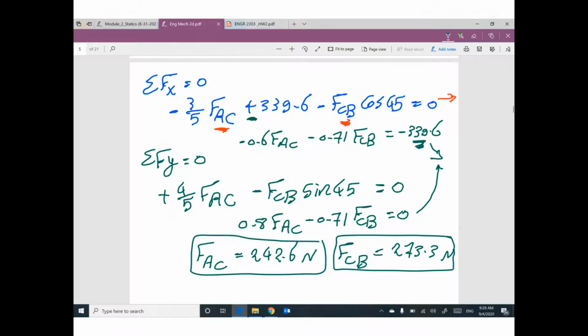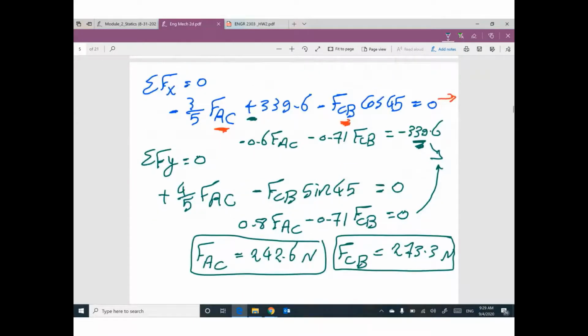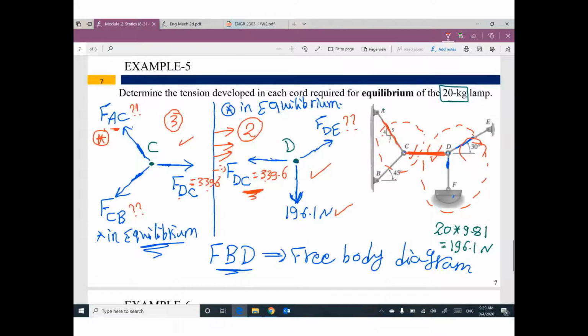So finally, I am done with all the required forces. I figured out the value of FAC, the value of FCB, the value of FDC, which is the same from this side or this side, and the value of FDE, because we are looking for the tension developed in each chord.